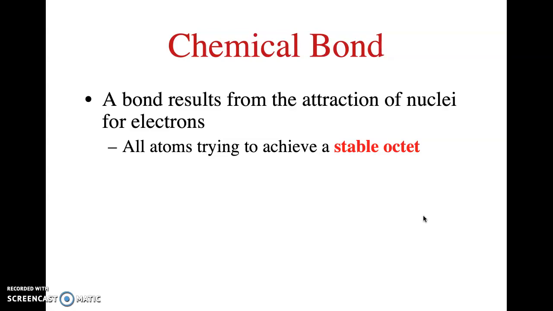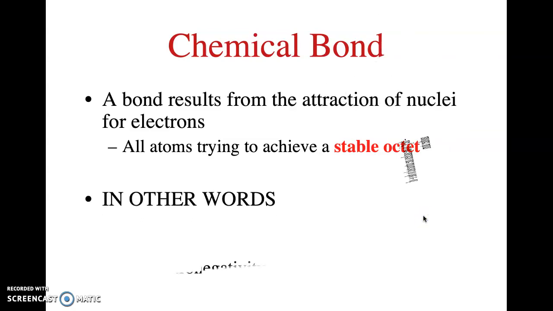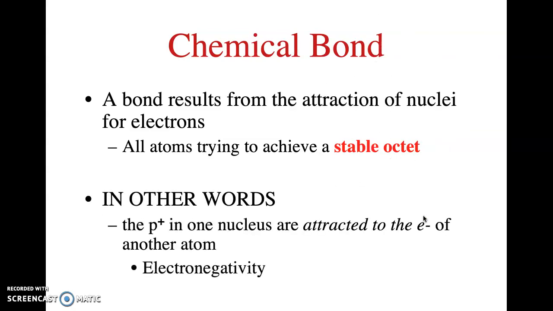All atoms are trying to achieve a stable octet. As you recall from previous lectures, an octet means they're trying to get to 8 valence electrons in the outermost layer. In other words, the protons in one nucleus are attracted to the electrons of another atom, right?